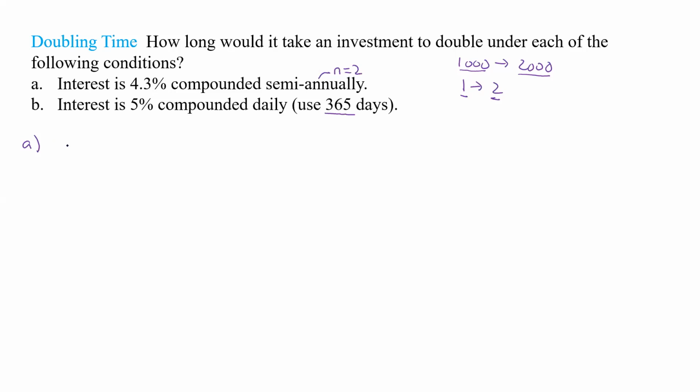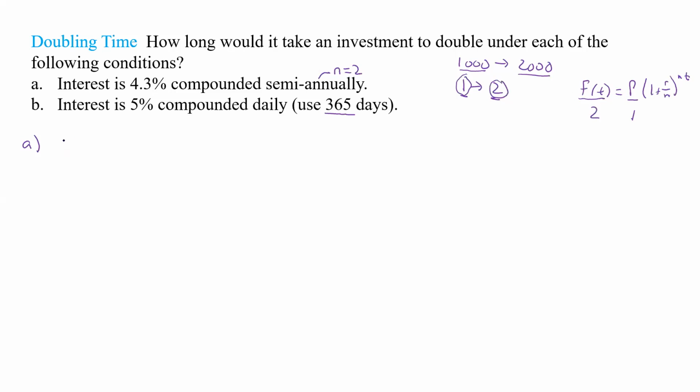What is our formula? F of t is equal to P times, depending on our compounding, 1 plus r over n to the nt. P is what we start with, 1, and F of t is what we end with, 2.